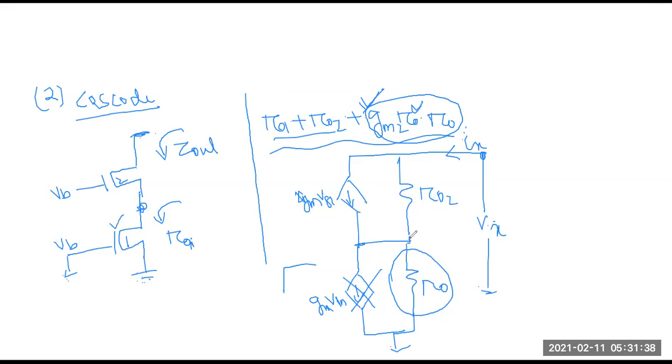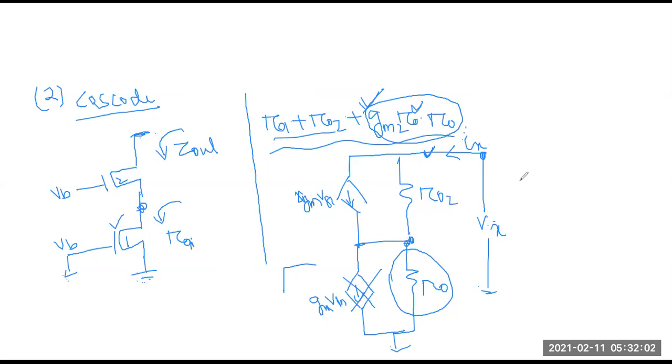Another thing is, the first advantage is the output resistance increase. The second thing is, you can check this point. If any variation happens at this point, what percentage of that variation will affect this point?